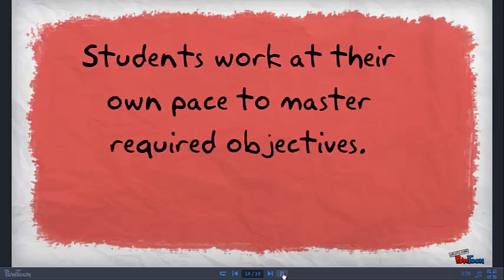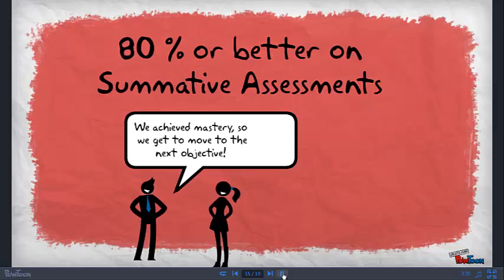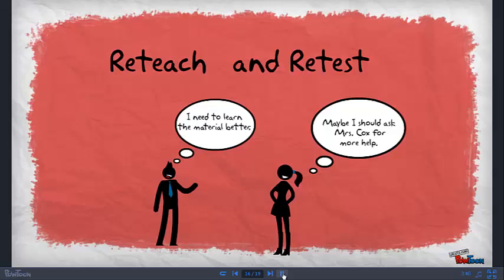Some students will achieve mastery the first time. Others will not. Mastery in my classroom is 80% or higher on summative assessments. Students who achieve mastery will move on to the next objective. Students who do not achieve mastery will require reteaching and retesting before they move on to the next objective.